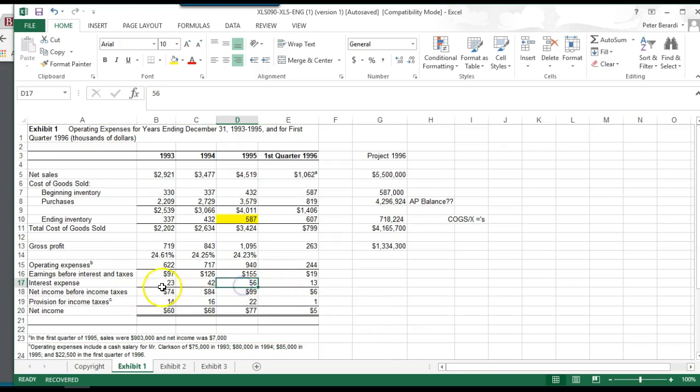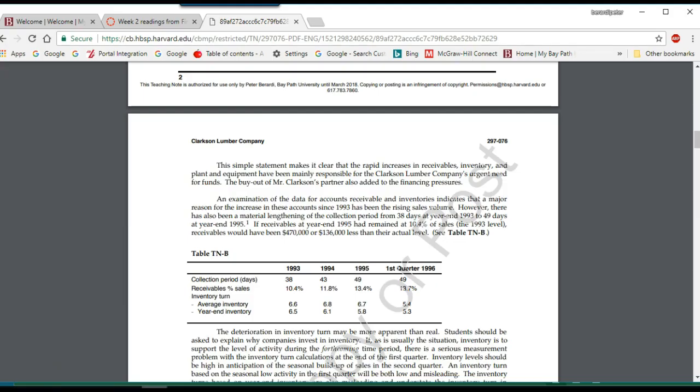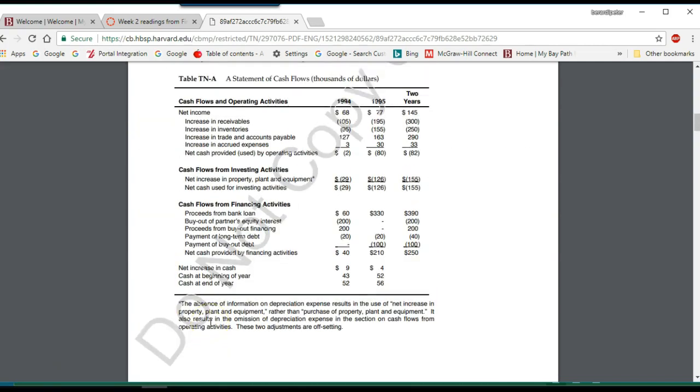Your interest expense, it's going to be a little difficult to figure out because you don't know. Well, it gives you the interest rate of the loan, so you could probably figure out the interest expense on the loan balances, but you got to know what the pay down of the loan is, and you can get that from your cash flow statement.